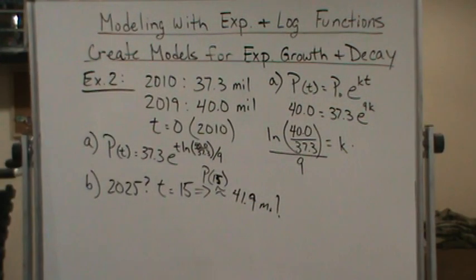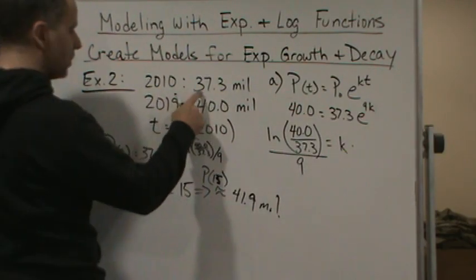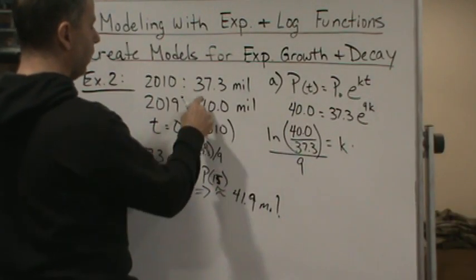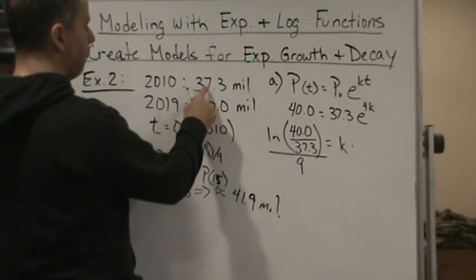All right, now part C says determine the year the population of California will double what it was in 2010. We know in 2010 it was 37.3. So in what year will the population double?